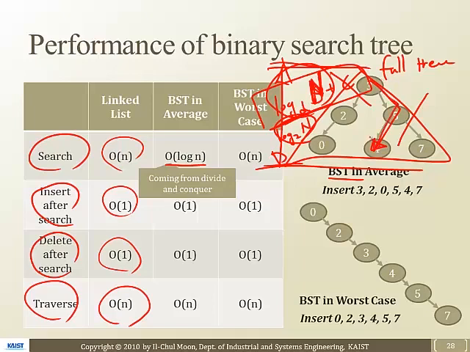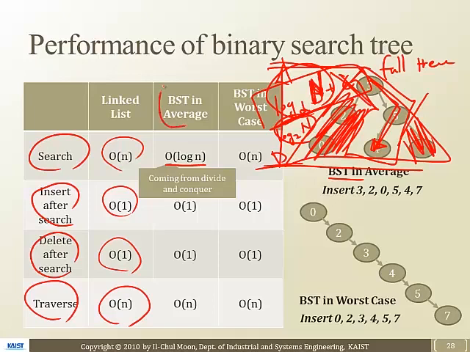The search is enabled because we don't have to search through this area. We don't have to search through this area. We only have to search through this area. So that's how we achieve this log n efficiency.